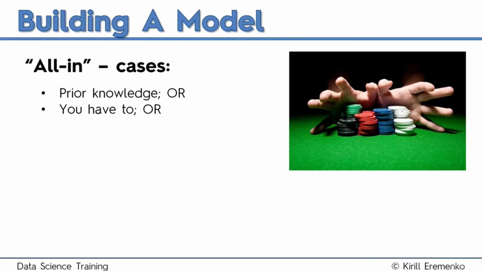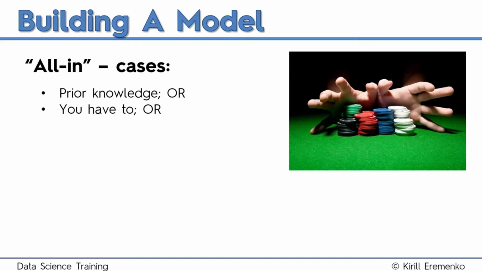The other one is you have to. Perhaps, I can't really think of good examples here, but maybe there's some framework in your company that says that you have to use these variables, right? So it's kind of similar to prior knowledge, but it's not your decision. You might want to do it differently, but there is a framework, like maybe a bank, and to predict credit, or the likelihood of somebody defaulting on something, they have to use these specific variables.